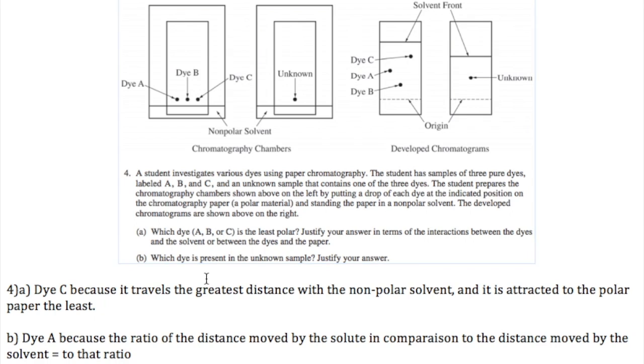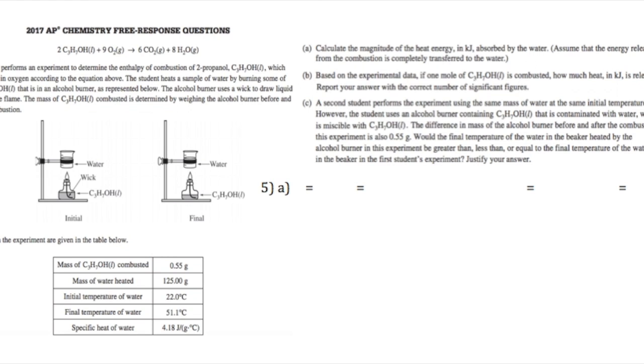I would normally write that whole thing, this whole ratio of distance moved, but let's just say I'm going to shorten it to ratio to not waste time. So to that ratio for the unknown sample. And there we go. Let's move on to question 5.